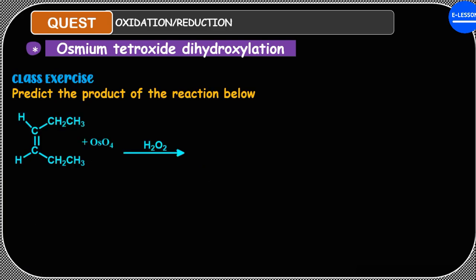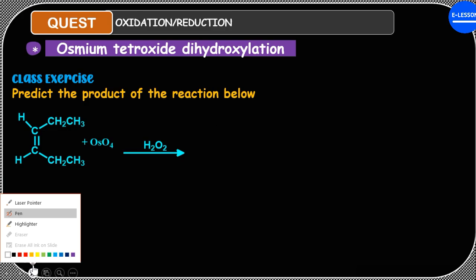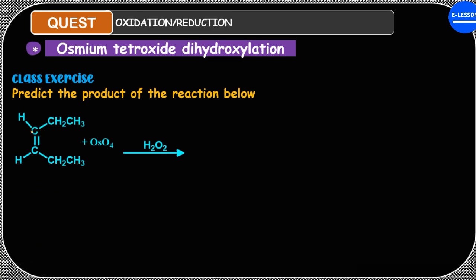Now what you are going to do for me now is predict the product of the reaction below, this particular reaction. What do you think is the product? Very easy. You have some time to work on it yourself, but I'm going to also provide the solution to it. It's very easy. You just add the OH here, and then we can rearrange it to form something like this.